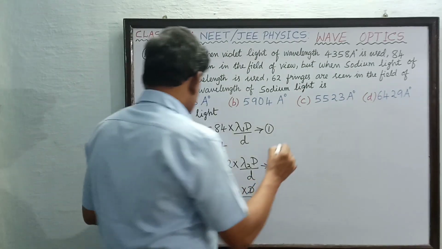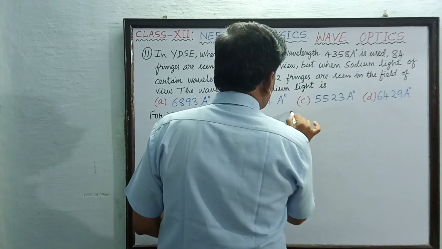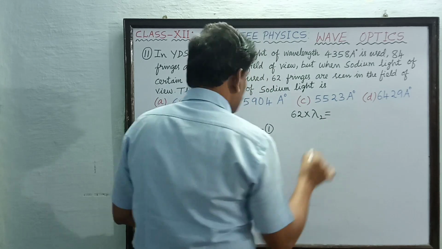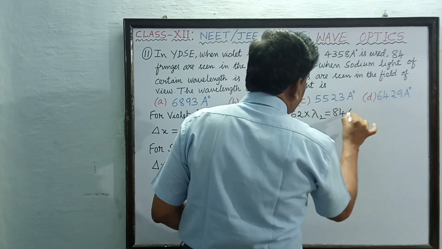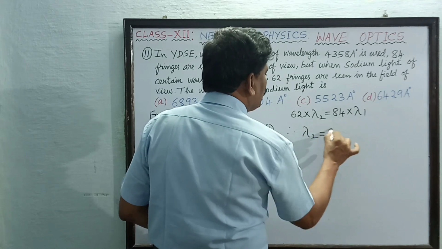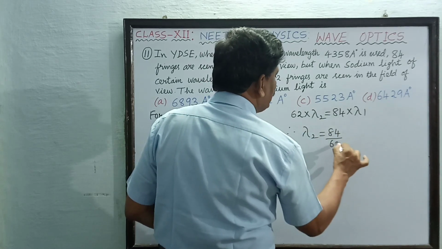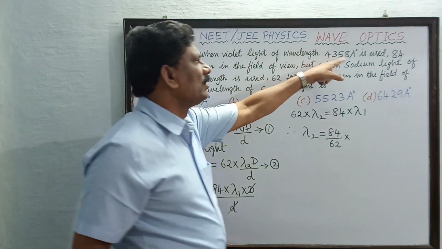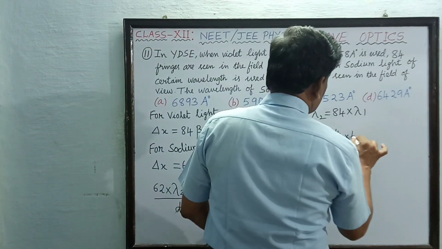After cancelling the constants, 62 multiplied by lambda 2 is equal to 84 multiplied by lambda 1. Therefore, lambda 2 must be equal to 84 divided by 62 into the value of lambda 1, which is given as 4358 angstrom unit.